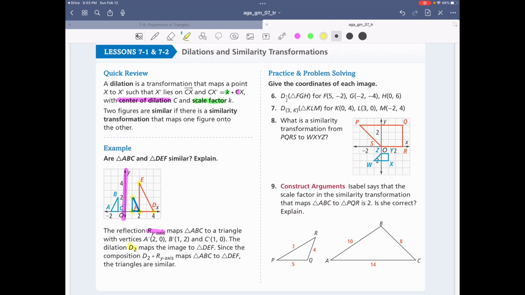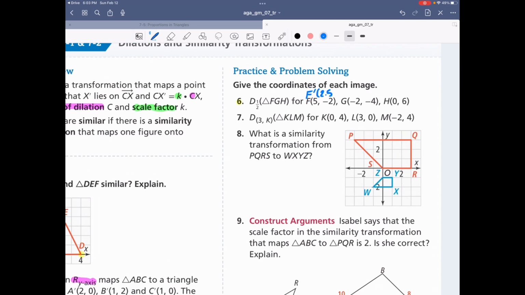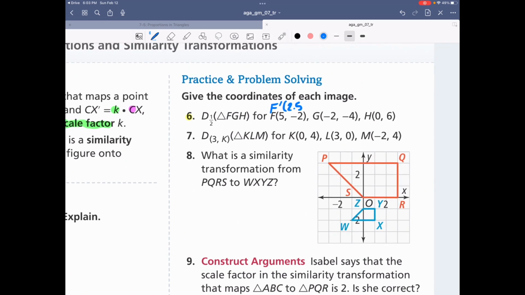You may have some questions on your test that ask you to give the coordinates of each image. So we're on number 6 right now. They're asking give the coordinates of each image, dilate 1/2. So if we're going to dilate by half, then f prime is going to be 5 divided by 2, which is 2.5, and negative 2 divided by 2 is negative 1.